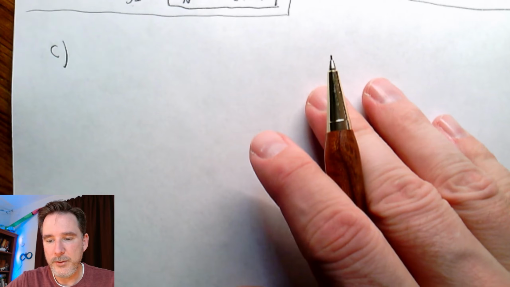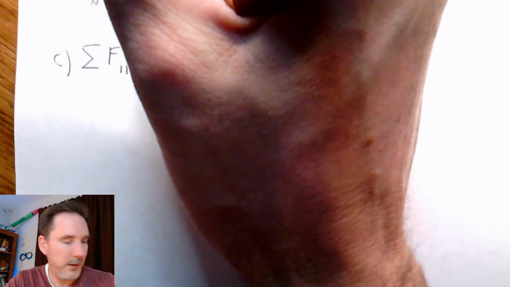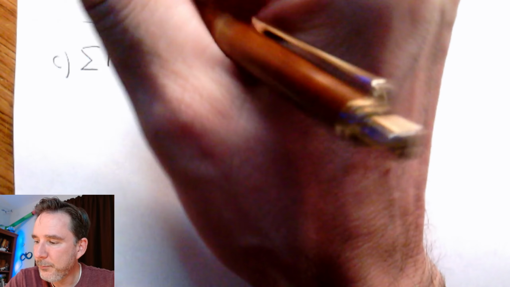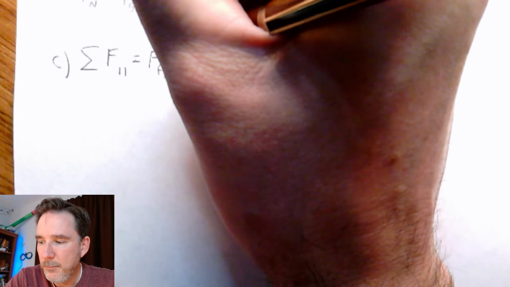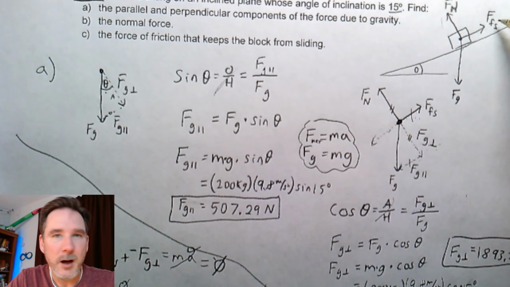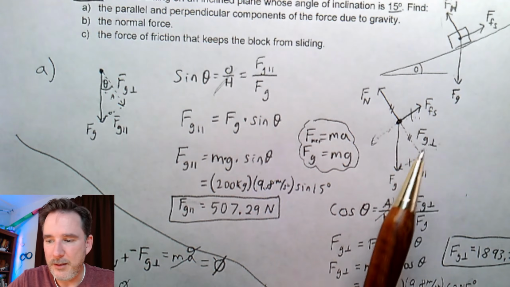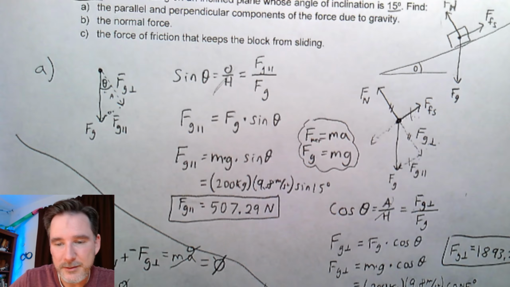So if we take a look at that, once again, the sum of all the forces in the parallel direction is equal to the force of static friction, plus, and the reason I'm using it this way is because the static friction is to the right, and usually when we say something to the right, we say it's positive, and when something's to the left, we say it's negative, just to be consistent.